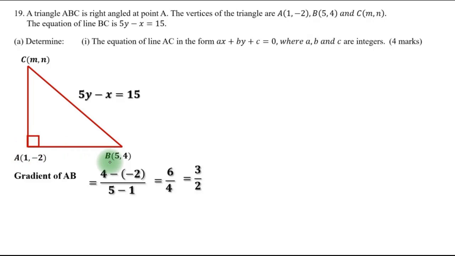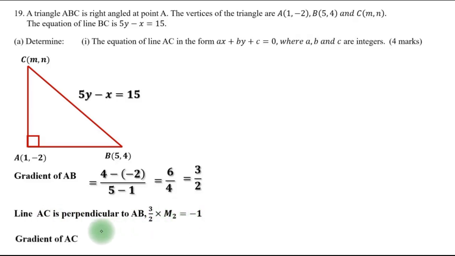And remember, the product of the gradients of perpendicular lines to each other is normally minus 1. Therefore, line AC perpendicular to AB, so 3 over 2 times m2, that is the gradient of AC, will give us minus 1. So to get gradient AC, m2 will be minus 1 times 2 over 3, which we get as minus 2 over 3.